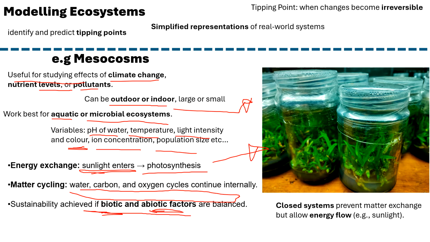You can keep going, and your mesocosm can carry on for maybe forever, really. And as I said before, because the energy can flow inside and the plants can photosynthesize, but the matter cannot be exchanged with the outside, this is what we call a closed system, which is actually linking to another topic in this IB biology course.